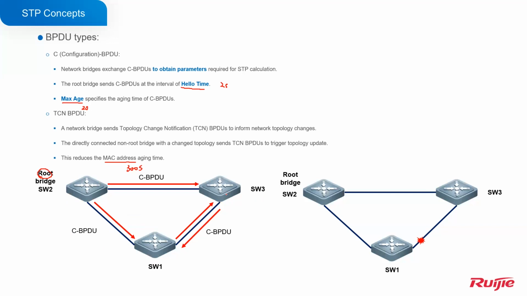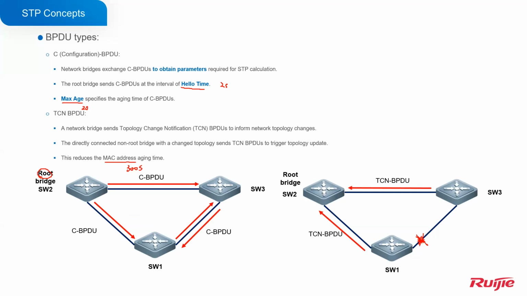But for the TCN BPDU, let's see it. Now, this port is down on SW1. In this case, you can see both SW1 and SW3, since they are directly connected, can detect the failure of these ports, and both of them will send the TCN BPDU to the upstream devices.